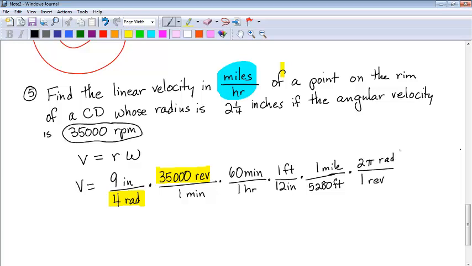Now you can go through reducing all that, or you can do it on your calculator. If you do it on your calculator, look up here for a minute. You're going to put in 9 times 35,000 times 60 times 2 pi, put it in parentheses, divided by 4 times 12 times 5,280. Do that.